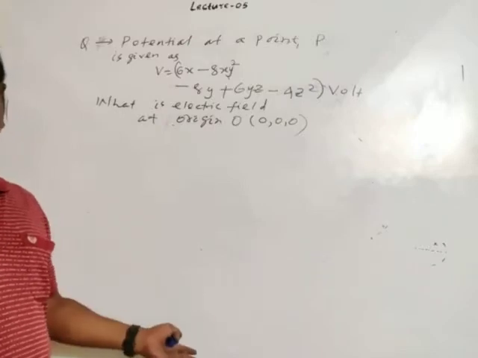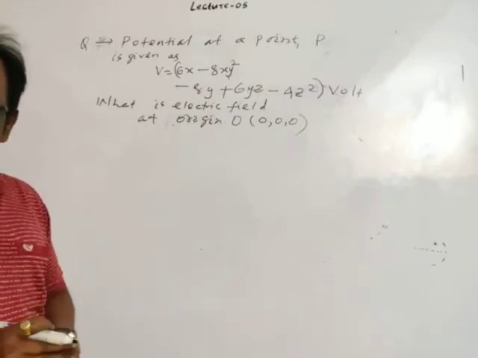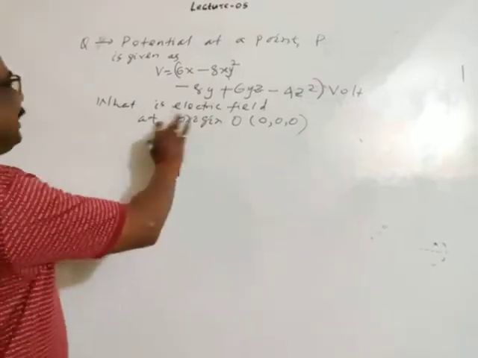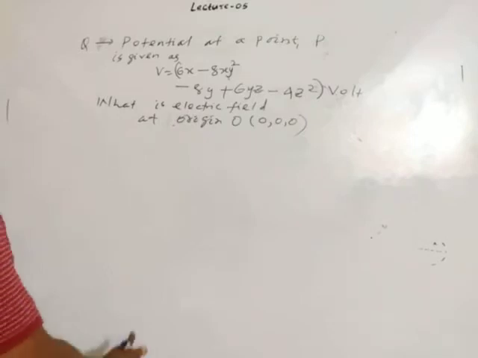If any other values were given, then x minus the given value of x at the origin. Okay. So we have to find the electric field from the potential.